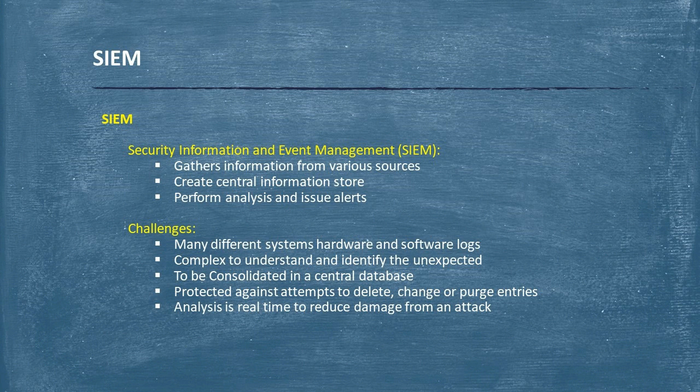And the sizes are going to be very large, and it is not easy to understand these log files, because some of them could be binary, some of them could be text. So how do I interpret from the log file that some untoward event has happened? It is not possible manually.